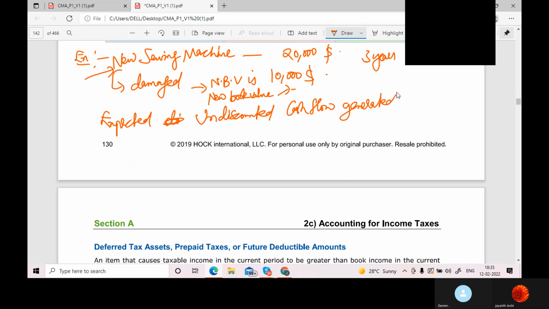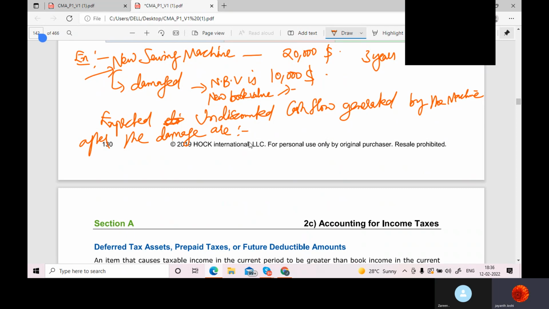So expected undiscounted cash flows generated by the machine after the damage are as follows. As you know, the machine has got damaged in between, and the new book value you're getting is $10,000, and after the damage we got some cash flows from that asset.